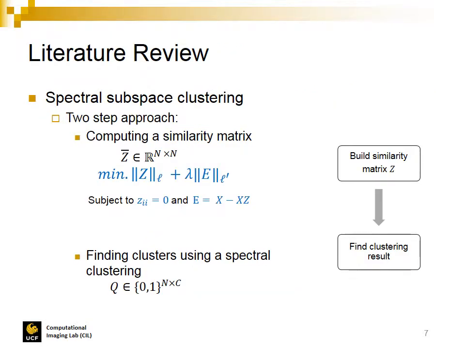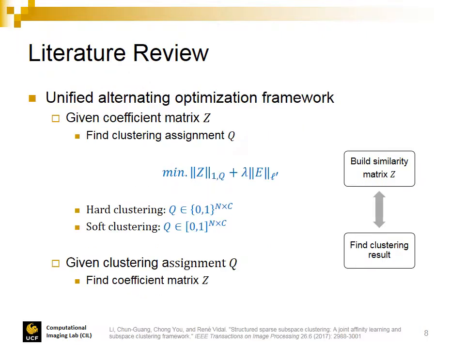Different solutions are presented in the literature to find subspaces. Spectral subspace clustering is one group of methods that use a two-step approach, building a similarity matrix and applying clustering using spectral clustering. One way to build a similarity matrix is to use a geometric property of data, which is that any point in the subspace can be represented as a linear combination of other points in that subspace.